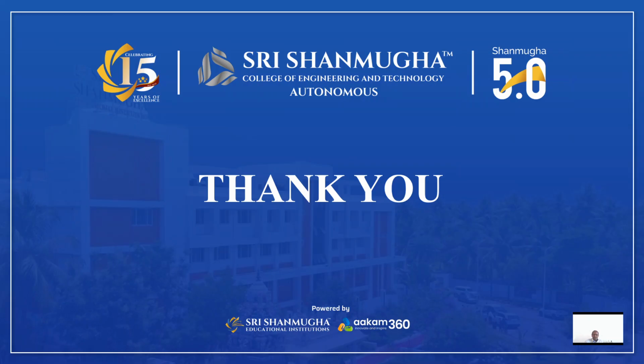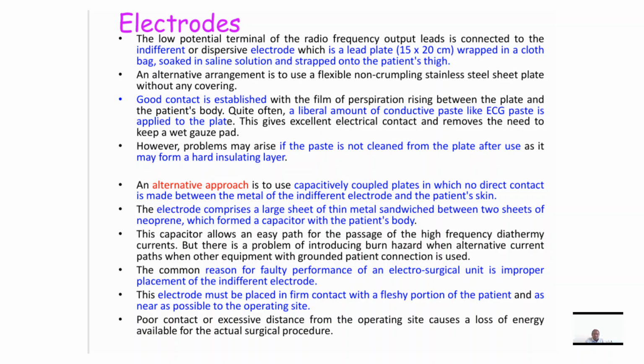In addition to that electrode, the low potential terminal of the radio frequency output is connected to the indifferent or dispersive electrode, which is a lead plate wrapped in a cloth bag soaked in saline solution and strapped onto the patient's thigh. An alternative arrangement is to use a flexible, non-corroding stainless steel sheet plate without any covering.